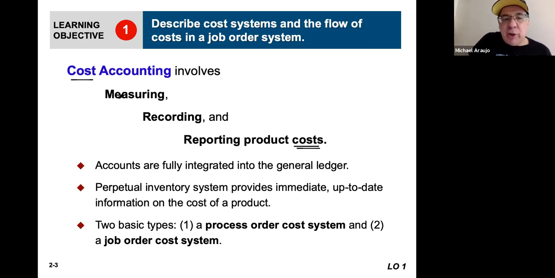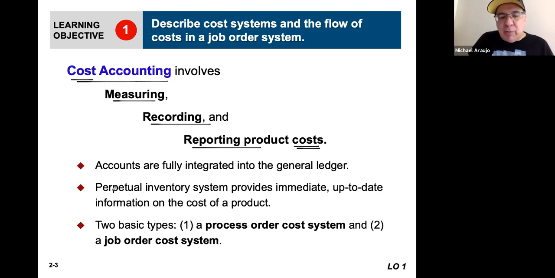So making sure that you know how to measure and record and report your costs, particularly if you're making products, which is a very complex situation in many cases. You have to make sure you have a way to measure that, record it, and keep track of everything. That's basically what cost accounting focuses on.